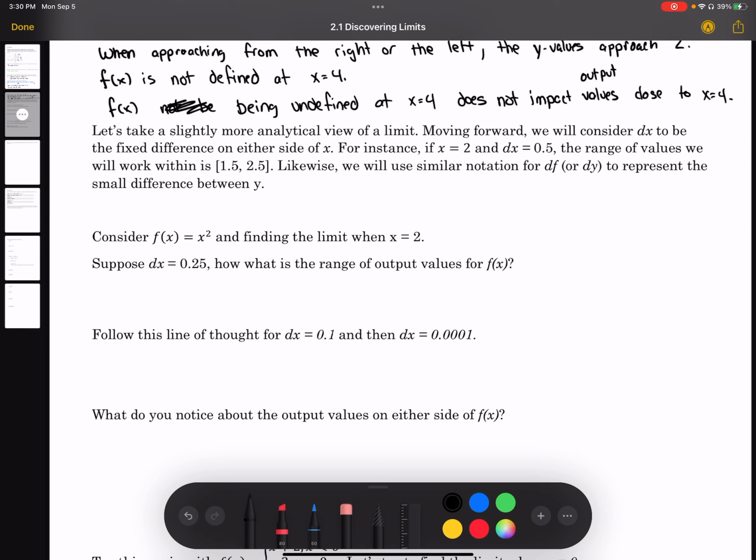Because delta x is 0.25, our x's are between 1.75 and 2.25.